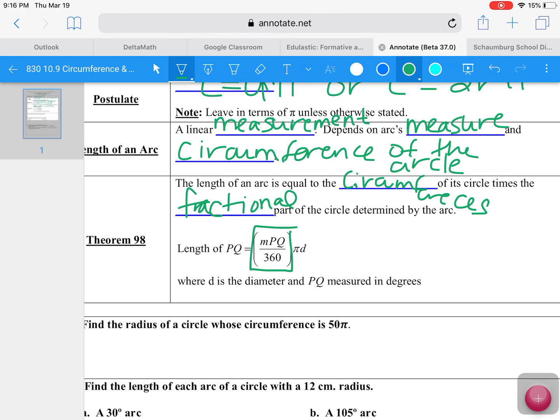Okay, and then you're going to end up multiplying whatever that fraction is. So the fraction here was whatever out of 360. You're going to end up multiplying that times the circumference, which is why it says pi d, because pi d is the circumference. Okay, and d is the diameter, and pq is whatever the measure is of the arc.